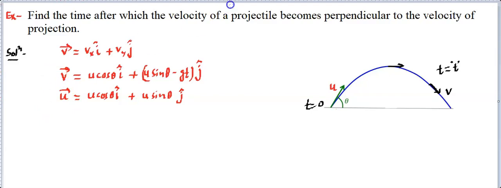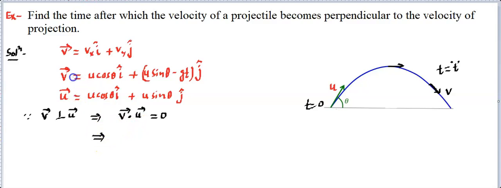And now these are the two vectors, and we know whenever the vectors are perpendicular, we can use the rules of vectors. So since v is claimed to be perpendicular to u, that implies v dot u, that means if we perform the dot product, this must come 0, because we know perpendicular vectors' dot product is always 0. Now we can use this property and we can go ahead.